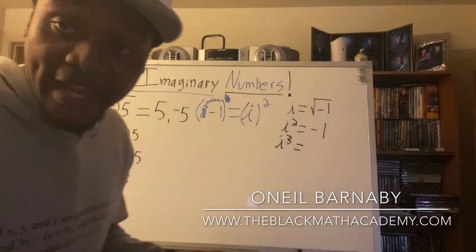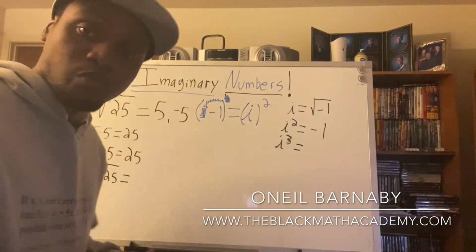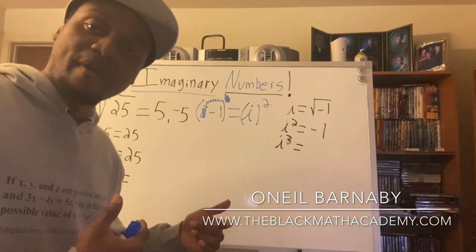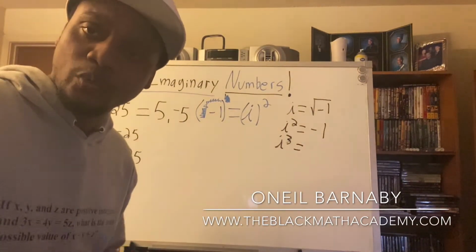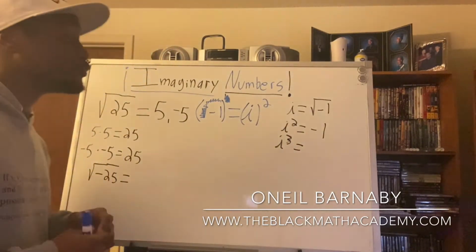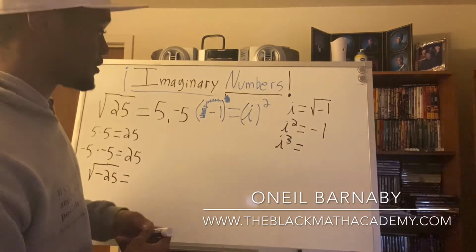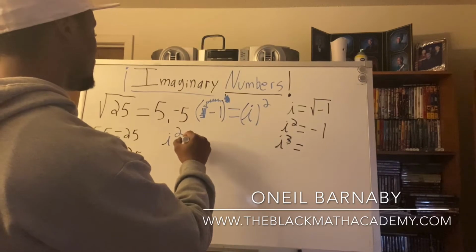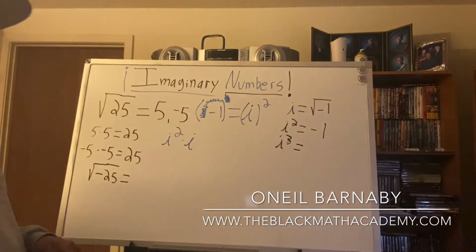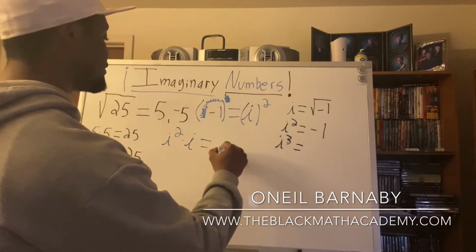So again, like algebra, we could use what we've already learned about mathematics to find out something new. So i cubed can be a little weird to handle, but we do know that if you take i squared and multiply it by i, that equals i cubed.